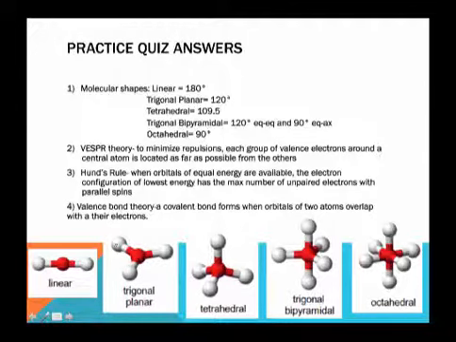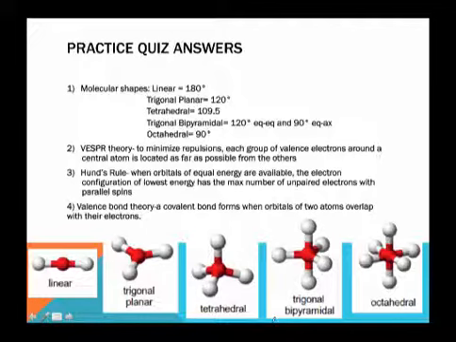The third question asks, what is Hund's rule? And Hund's rule states that when orbitals of equal energy are available, the electron configuration of lowest energy has a max number of unpaired electrons with parallel spins. So for example, let's consider oxygen.